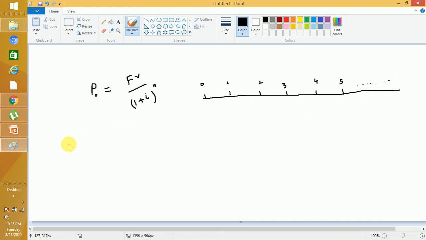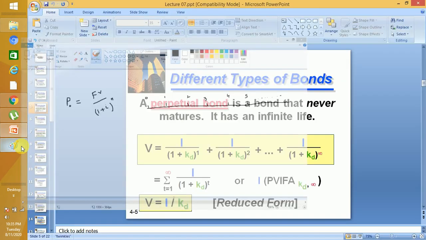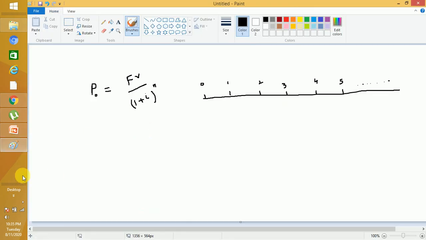Keep in mind, in our case, the face value of the bond was 1000, and it was paying 8% interest, and there is no maturity. This was our bond. Suppose this is our perpetual bond. 1000 is the face value, 8% is the coupon.